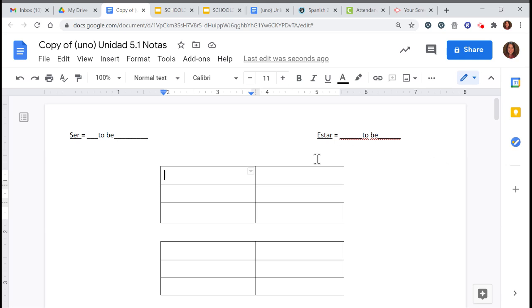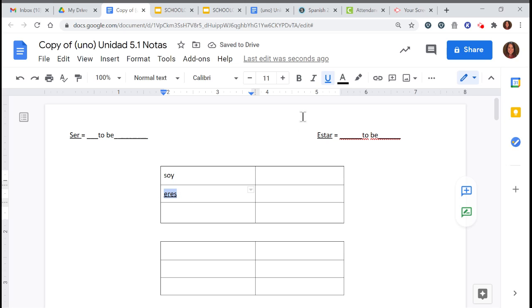Before we talk about the different reasons for each, let's just review how we conjugate them first. You have learned these before, so this should be a review. I'm just going to put ser in this first chart here and estar in the second chart. For ser, our forms are soy. Remember that is I am. Eres.